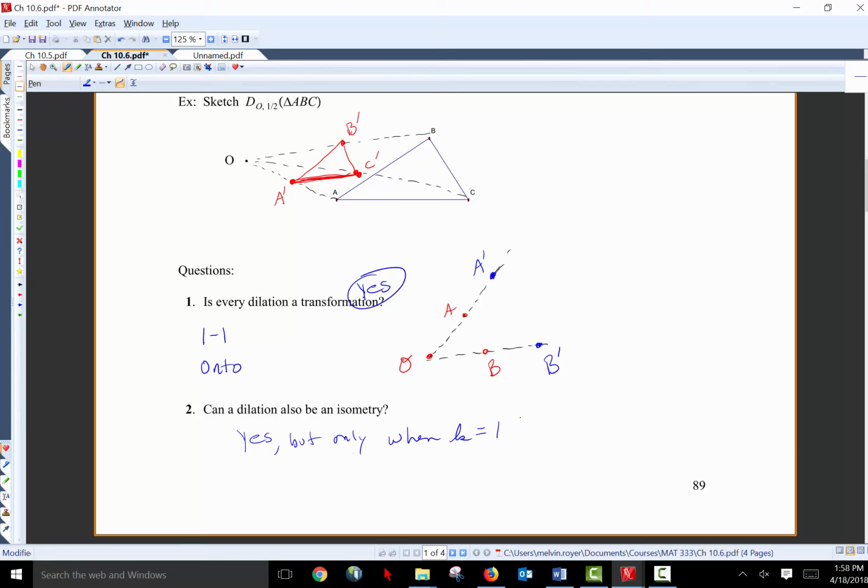And to dilate by 1 is to do absolutely nothing. It's a very boring transformation. Everybody just stays where they are. So generally, dilations are not going to be isometries.